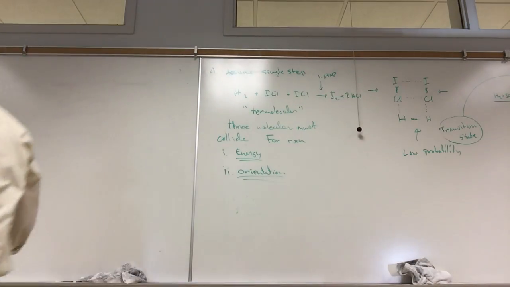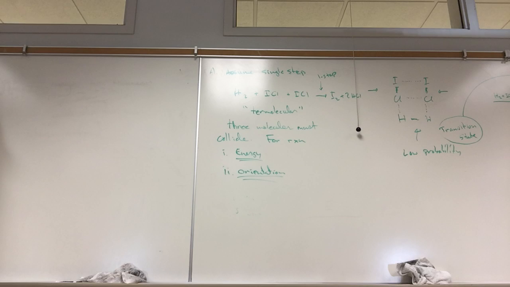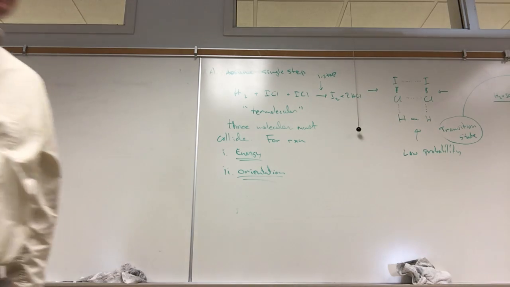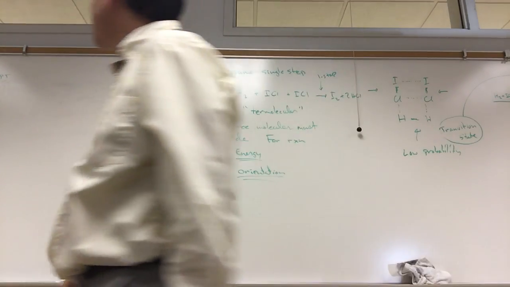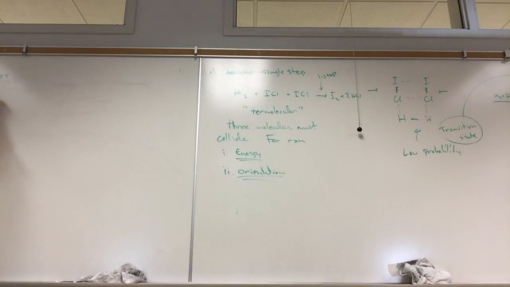From experiment, an experiment is always what you're going to compare yourself to, but from experiment, the rate is equal to k[H2][ICl]. And so what it shows is a first order in H2 and a first order in ICl.